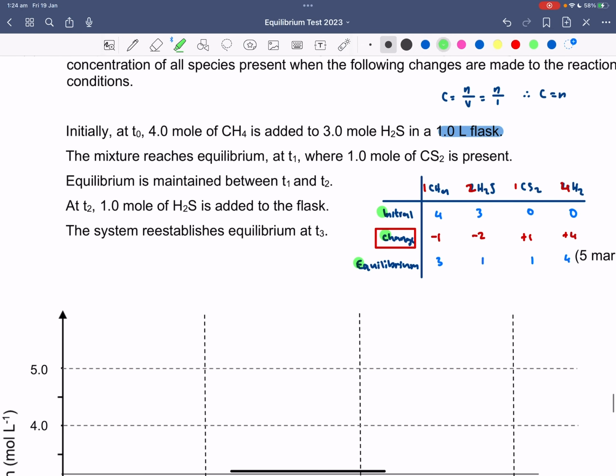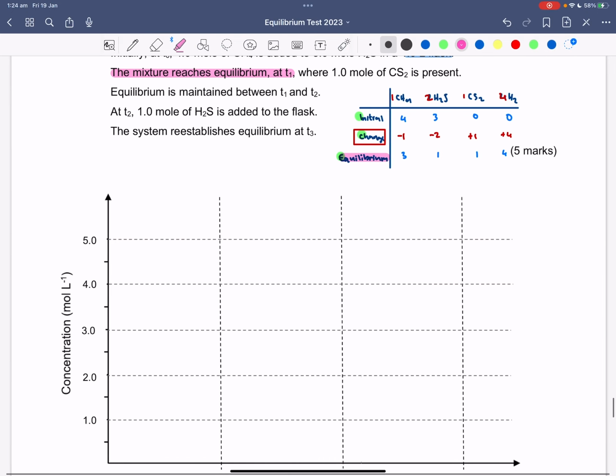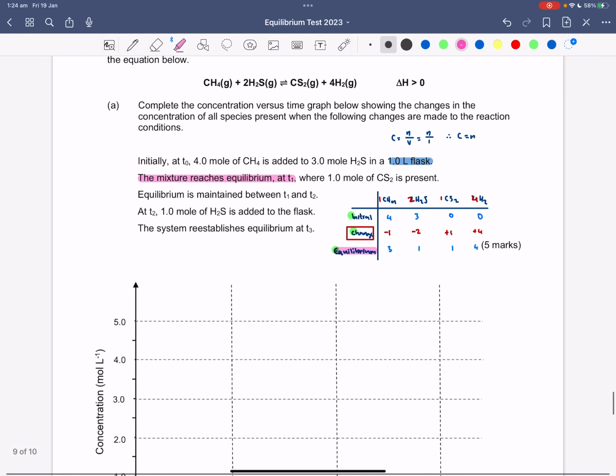When I say the first part done, that's the part that's talking about the mixture reaching equilibrium at T1. So by the time we reach T1, we are at equilibrium. So let's just write down what happened all the way up to T1.